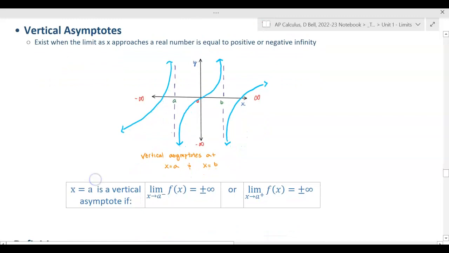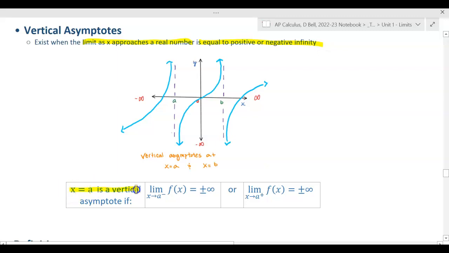Okay, vertical asymptotes, we switch the infinities and the constants. Vertical asymptotes exist when the limit as x approaches a real number is equal to positive or negative infinity.